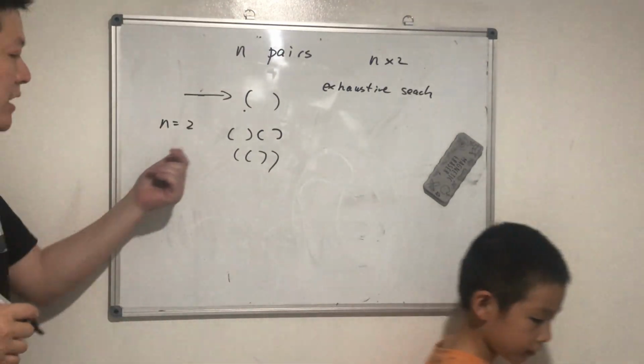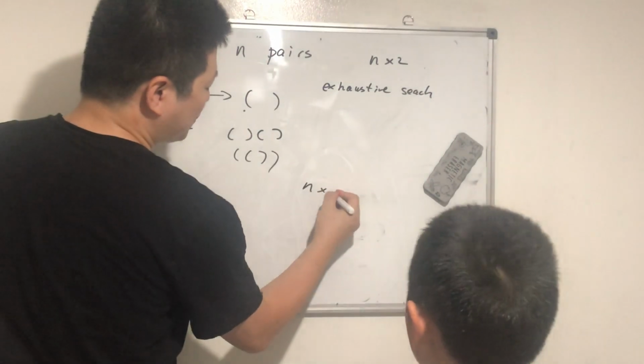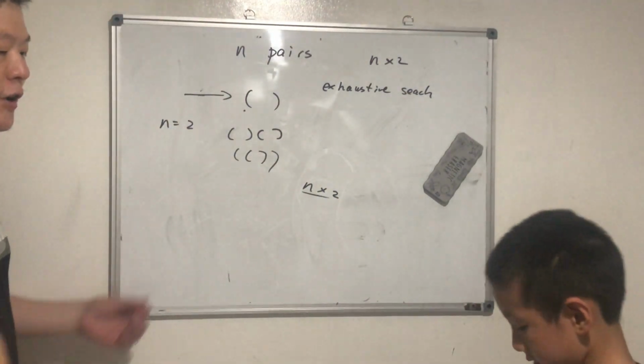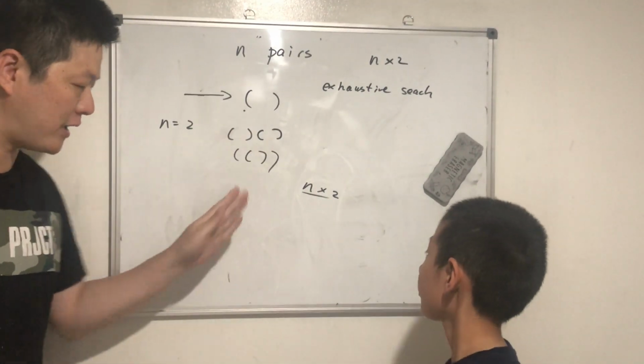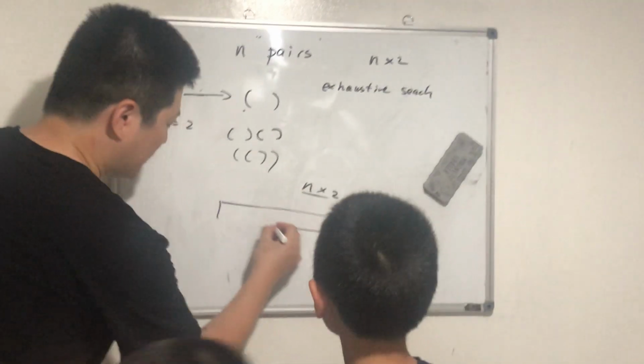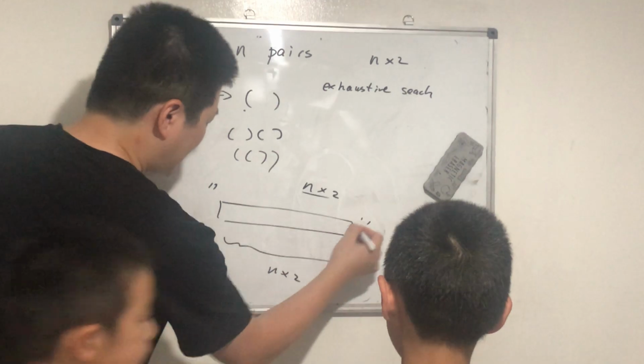With n pairs, we know the string has length n times 2. For each character in the string, how many possibilities are there for each one?